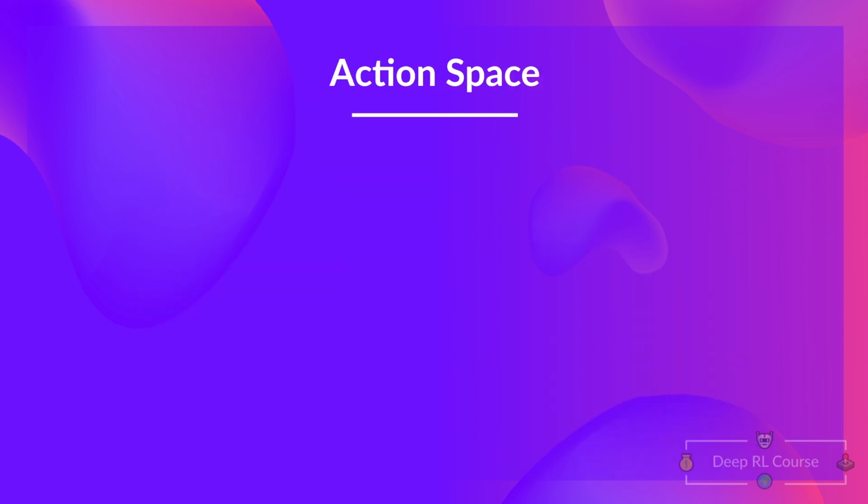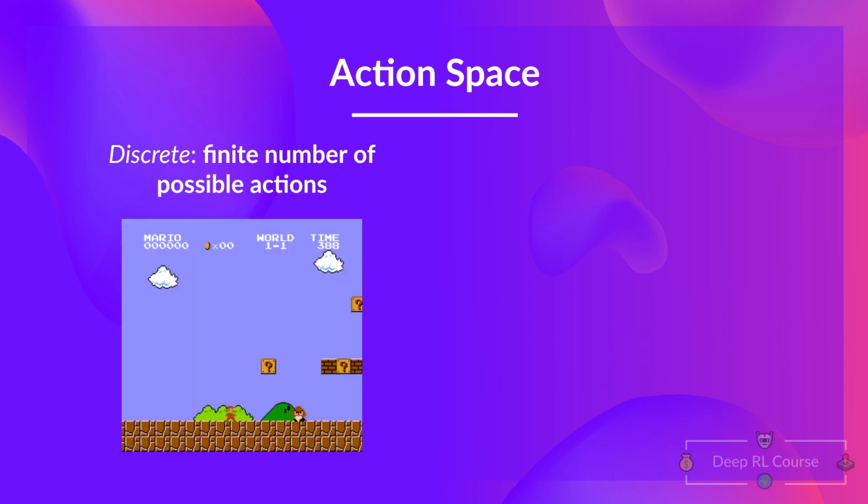So the second step of the reinforcement learning loop is that the agent, given a state it got from the environment, chooses an action. The action space is the set of all possible actions in an environment. The actions can come from a continuous space or a discrete space. In a discrete space, the number of possible actions is finite. If we take again the example of Super Mario Bros., we have a finite set of possible actions since we have only four directions and a jump button.